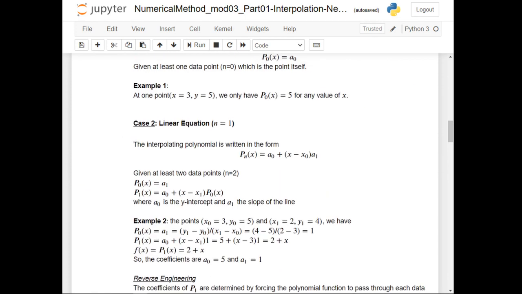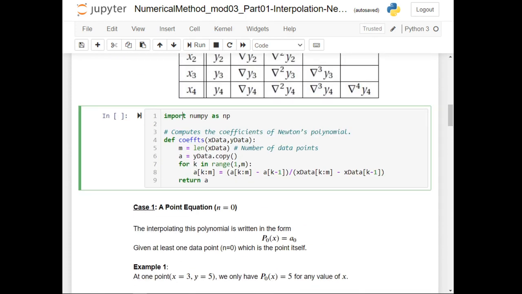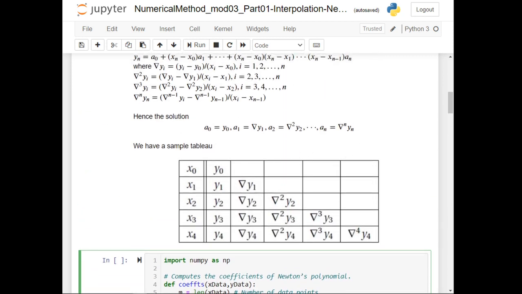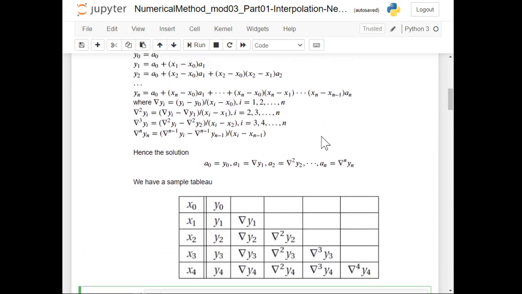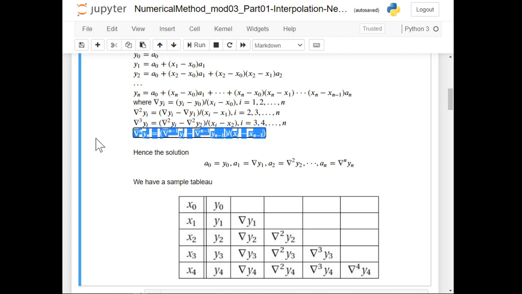Before we run this, we should run the previous code here. So import the library, and then this is a user-defined function that will return the coefficients. As you can see here, this is the general formulation, and this delta to the n yn is this general equation.